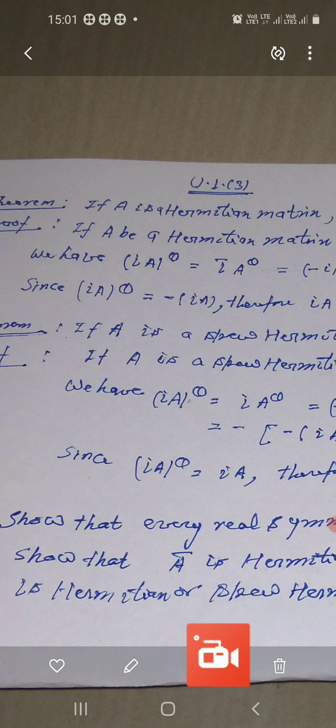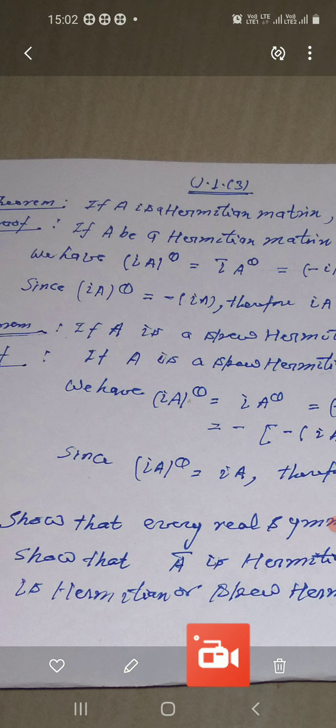Proof: if A is a Hermitian matrix, then A theta is equal to A. Then we have (iA) to the power theta, and this comes out as i bar A theta, and i bar is minus i, so minus i A theta, and this is equal to minus i A, since A theta is equal to A. Since (iA) to the power theta is equal to minus iA, therefore iA is skew Hermitian.